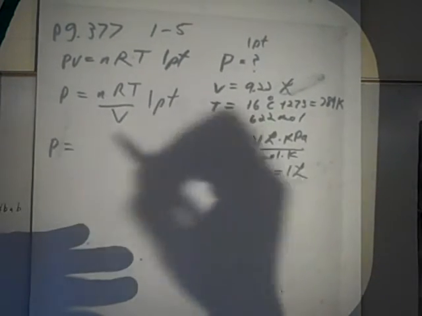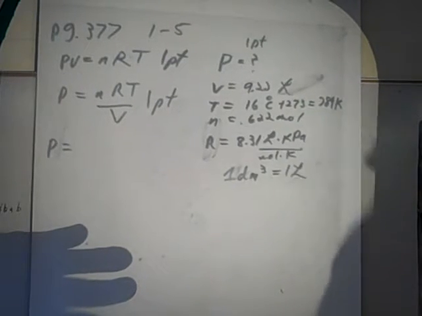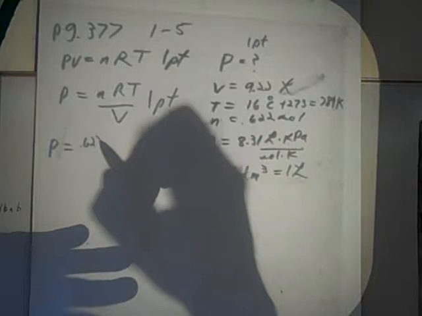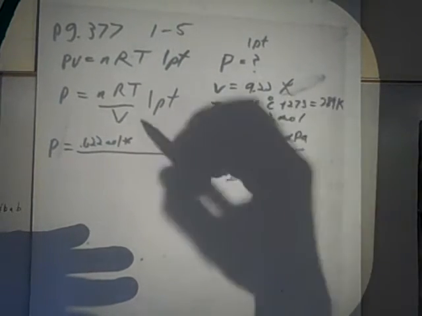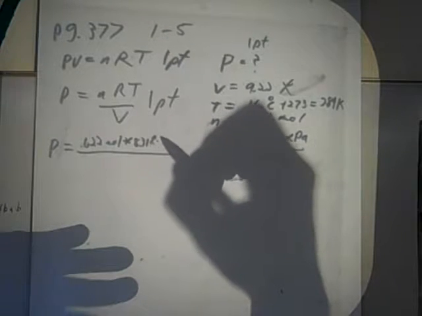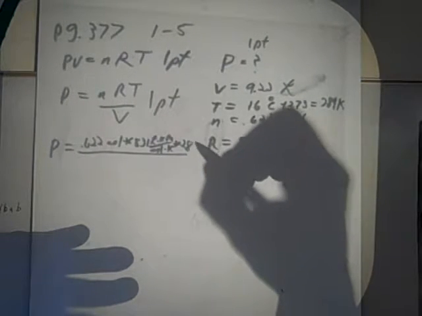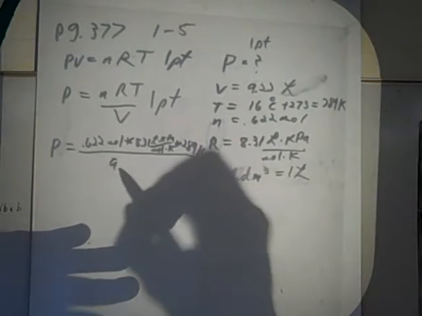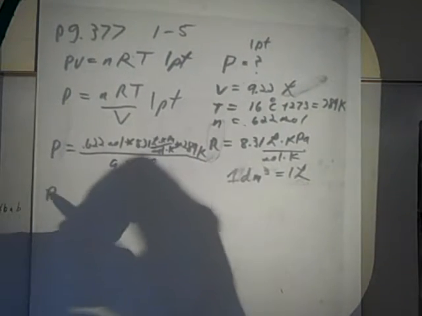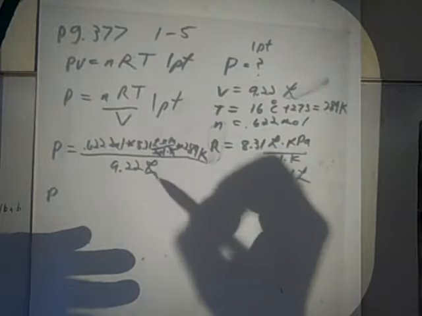Then I plug the numbers in. The n was given in the problem, and R is the constant. Times the temperature, which is 289, divided by my volume, which is 9.22 liters. Moles cancel, Kelvins cancel, liters cancel.